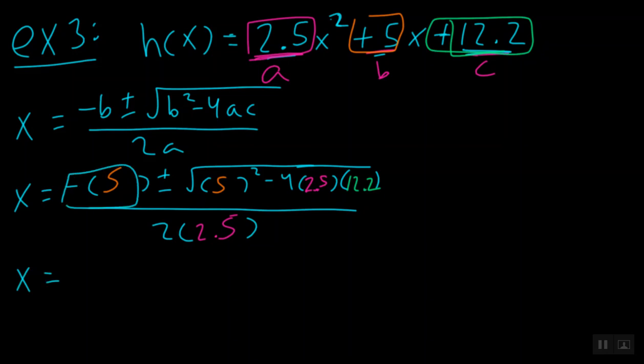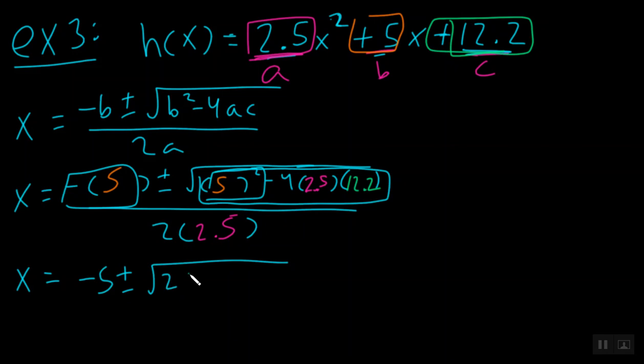Negative times a positive is negative 5, plus or minus. And now we'll simplify the inside. We know 5 squared, 5 times 5, is 25. And here, remember, when you look at these three terms, always count up the negatives. And notice there's only one negative. So we'll write minus, and I would use a calculator to multiply those three numbers together.